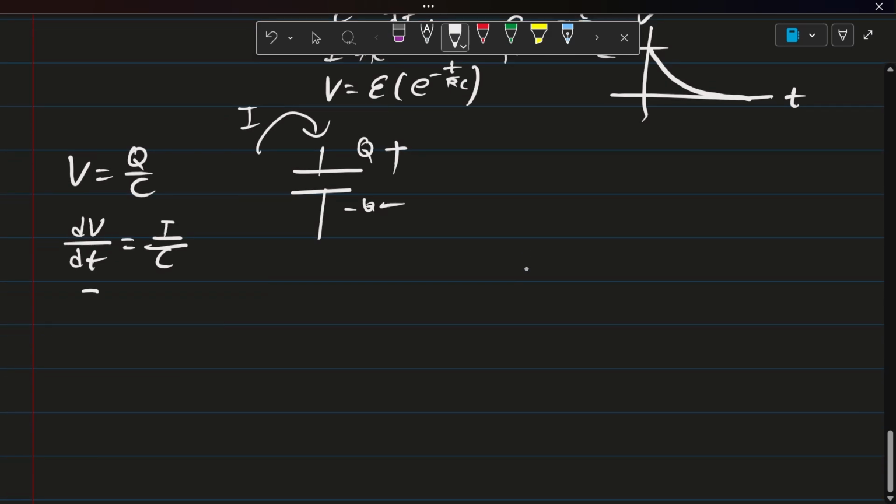So you could write this as I equals C dV over dt. And this is the relation that is normally used when you're dealing with a capacitor as an electrical engineer. So now this information is very useful when you're doing KCL or even KVL, because now you have a direct relation between current as well as the voltage.